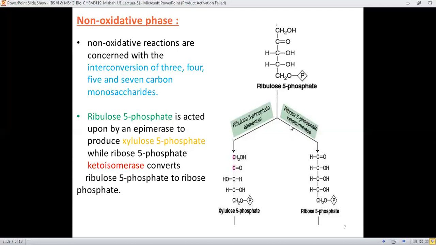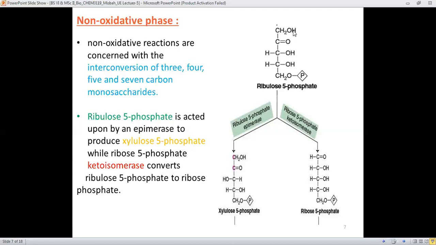Whereas the second enzyme which acts on ribulose 5-phosphate is ketoisomerase. What ketoisomerase will do is change the position of this carbonyl group. If we start from the bottom, you can see CH2O, OH, OH. Up till now, the environment is the same. This carbonyl is shifted to the first carbon, which means this carbon is no more in alcoholic form.